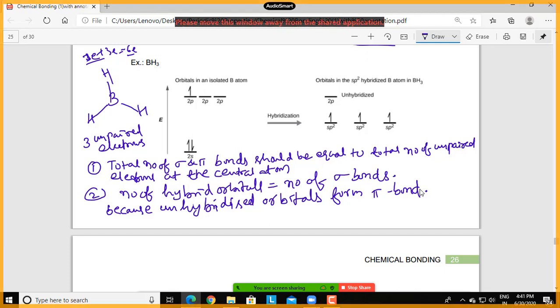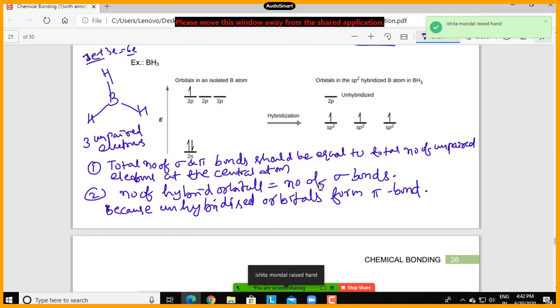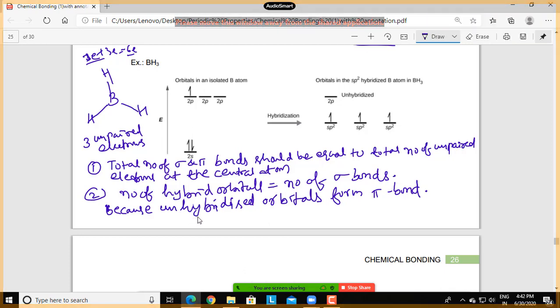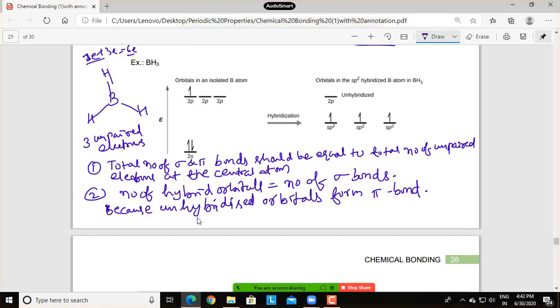So that's why number of hybrid orbitals must be equal to number of sigma bond. Is that clear? Oh, yes sir. क्योंकि हाइब्रिड ऑर्बिटल सिग्मा बॉन्ड बनाता है, अनहाइब्रिडाइज्ड ऑर्बिटल पाई बॉन्ड बनाता है, तो इसीलिए ये कंडीशन ले लिए. Okay sir. ये दो कंडीशन सब में अप्लाई करोगे तो सक्सेसफुली किसी का हाइब्रिडाइजेशन बता पाओगे.